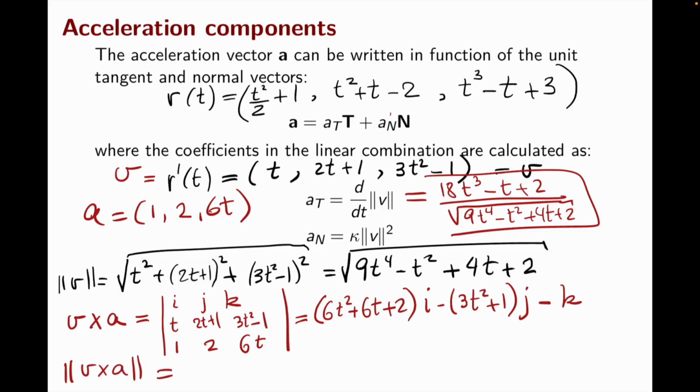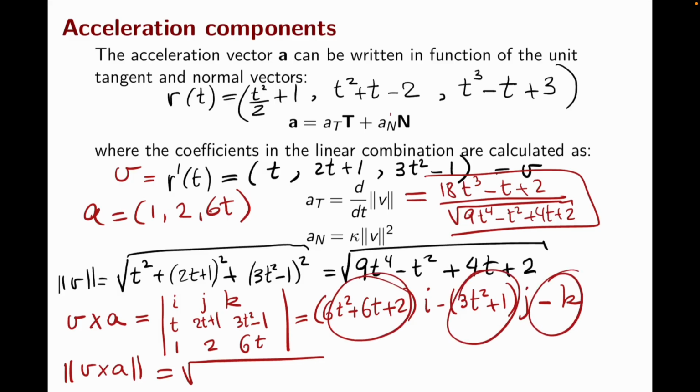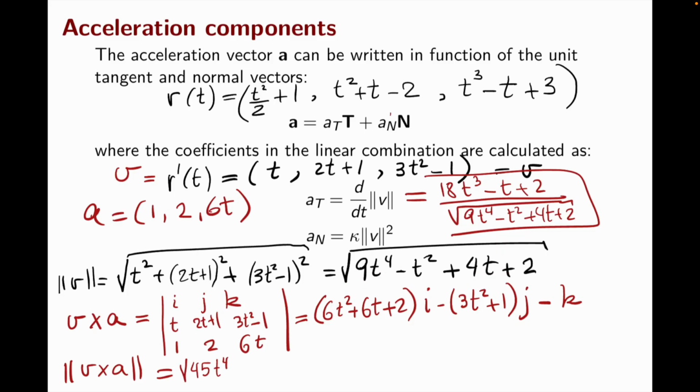So the norm of this vector is going to be the square root of, and we do this square plus 1 squared. So the result of this to the fourth power plus 72t cubed plus 66t squared plus 24t plus 6.